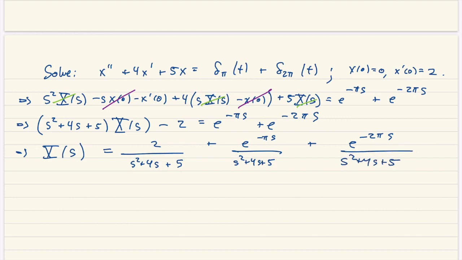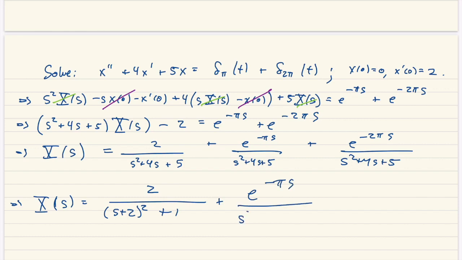And one thing you can actually do in the denominator is complete the square again. This is s squared plus 4s plus 4 plus 1. The reason why we would want to do that will be clear, but we're going to complete the square in the denominator, and this is s plus 2 squared plus 1, plus e to the minus pi s over s squared plus 4s plus 5.